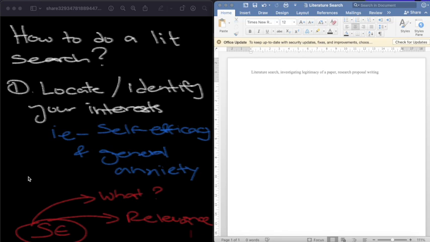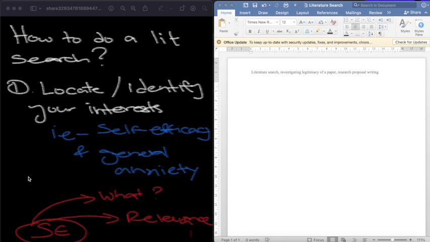We need to know whether the resources that we are using are legit or not. And then using that, I'll show you how to develop a very basic paragraph, and thereby we'll also discuss how to write a basic research proposal, like what entails a research proposal and information of that sort.